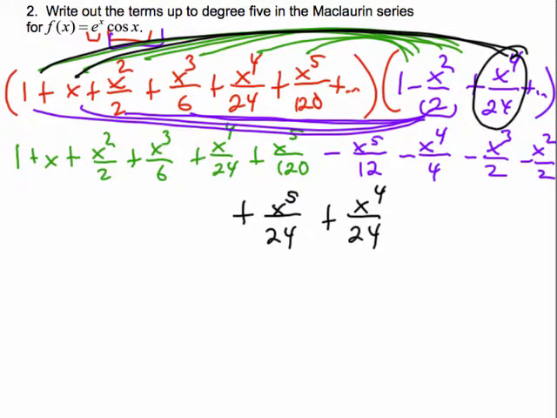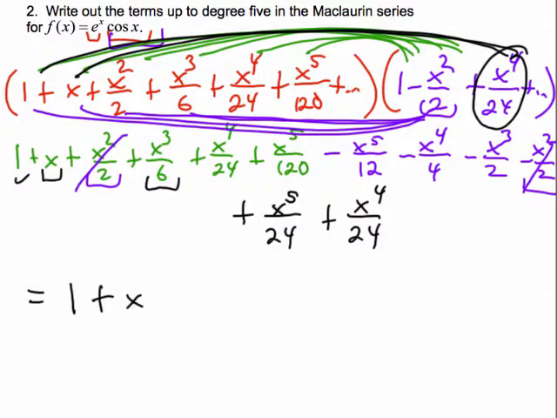So if I now simplify this, I'm going to write this in increasing powers of x. I will have 1. Power 1 is only x. Power 2, those will cancel out.